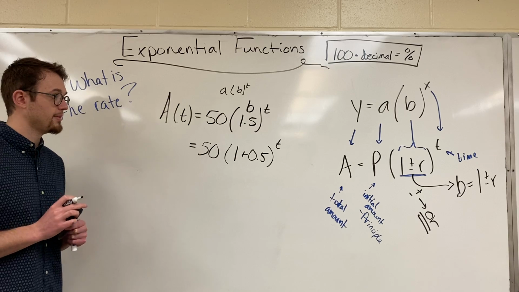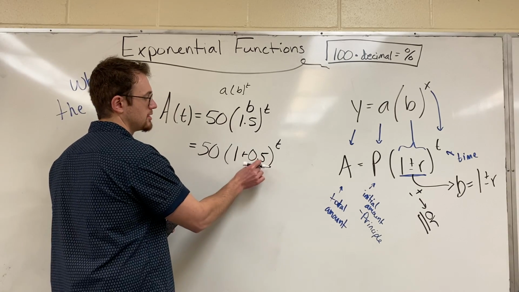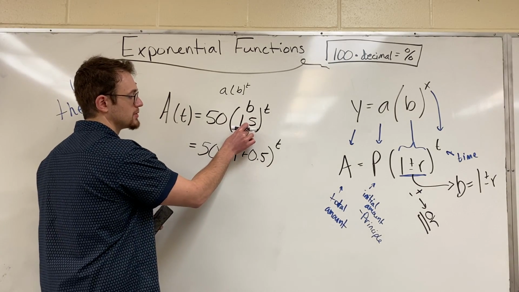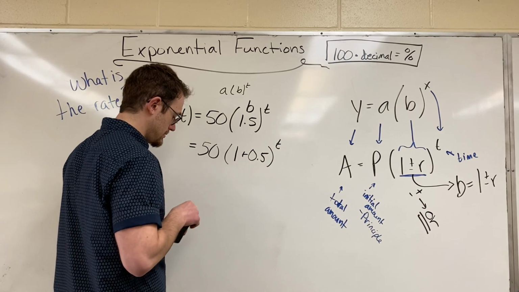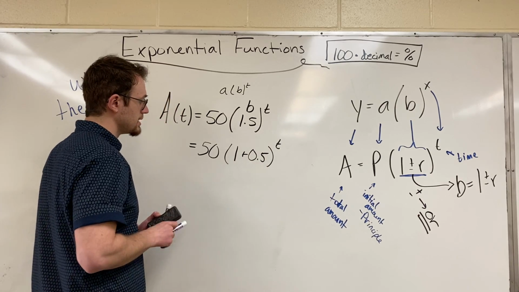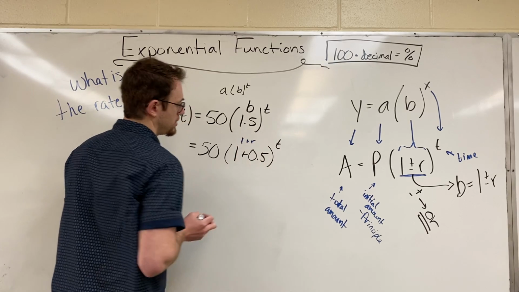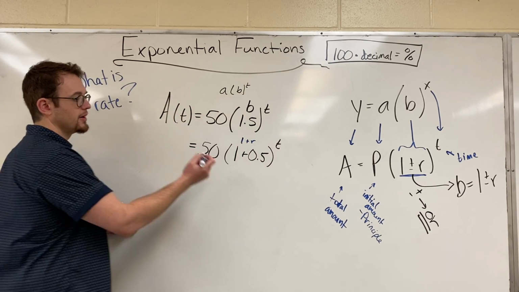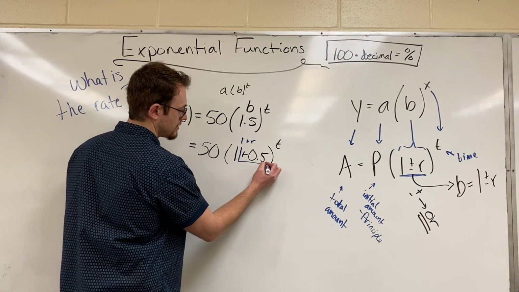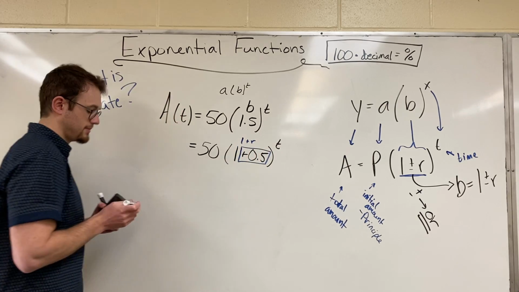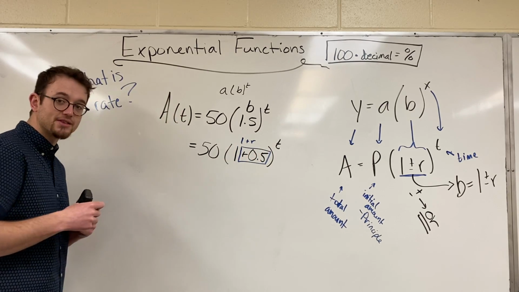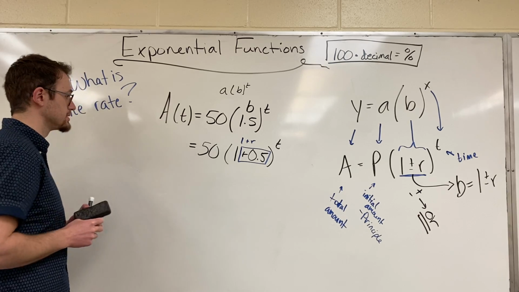All right, hopefully that makes sense, right? 1 plus 0.5 is 1.5, so I change this to be 1 plus R. So now I know what R is. This is R. So now I can answer the question, and the question was, what is the rate?